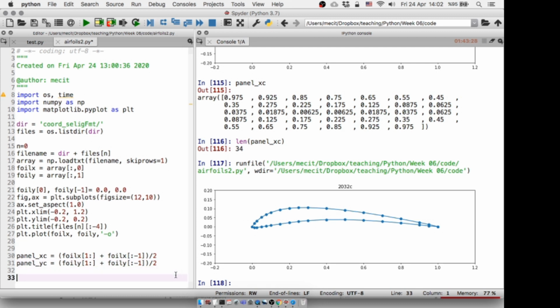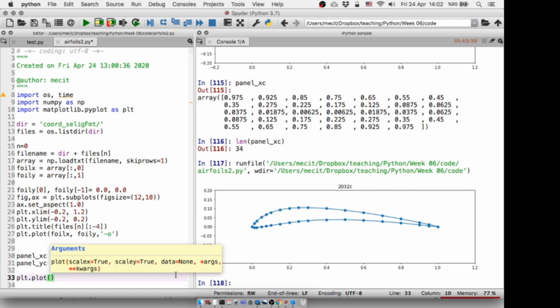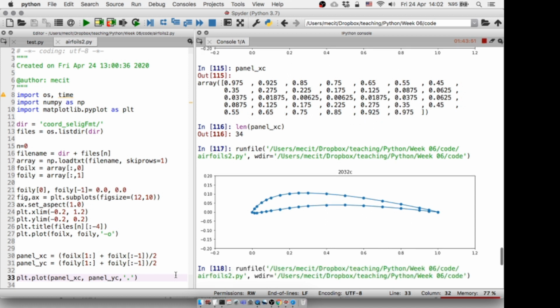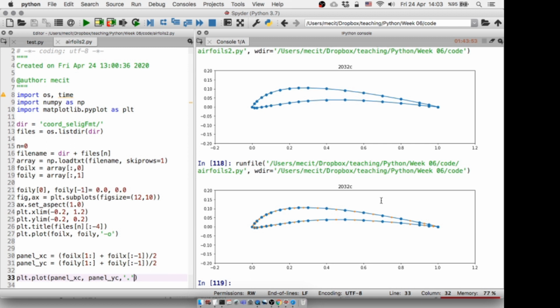Okay, let's see if we are actually finding the panel coordinates by now plotting at panel x center, panel y center, and let us do this with small dots so we can identify them. It automatically gives a different color, and yes, so this is the panel center over there, second one, and so on. So I have identified all the panel centers.